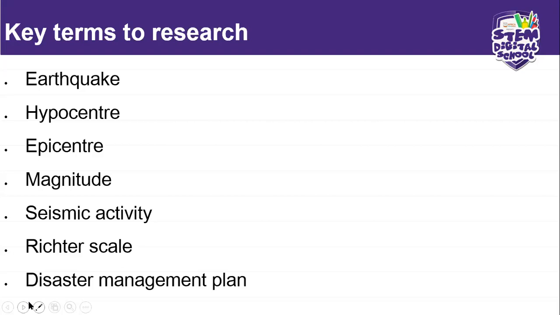Number 5, seismic activity. Number 6, Richter scale. Number 7, disaster management plan. What is a disaster management plan? So those 7 terms you research.